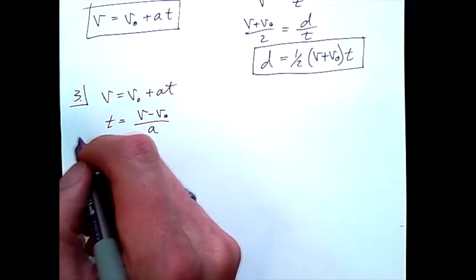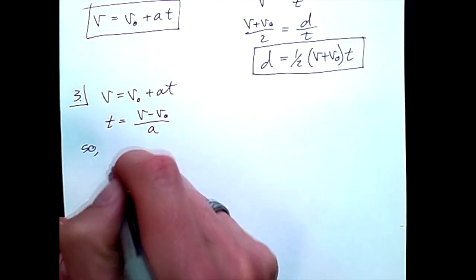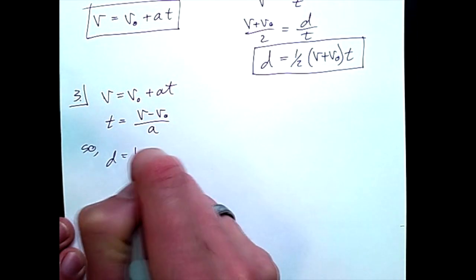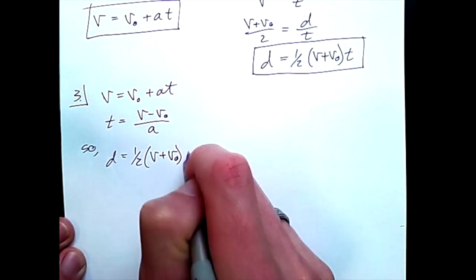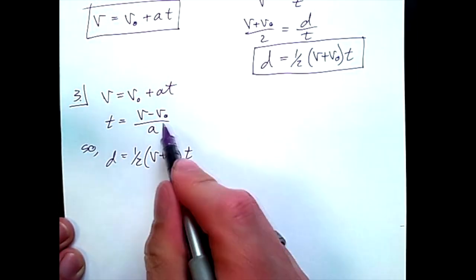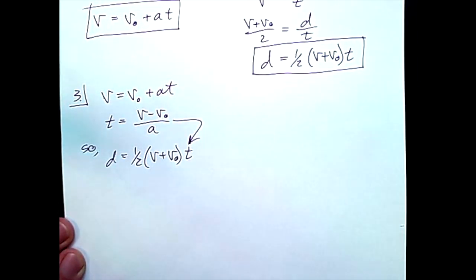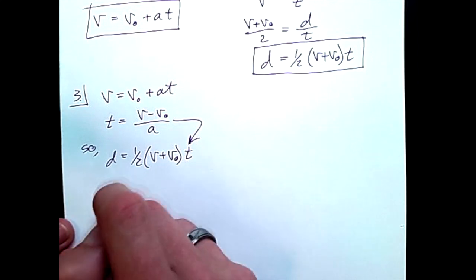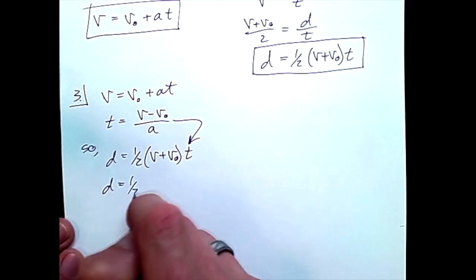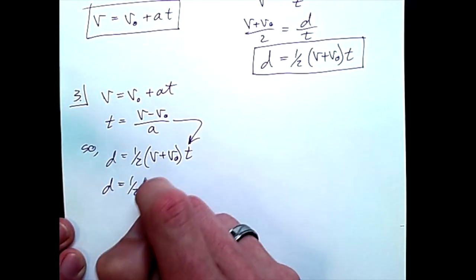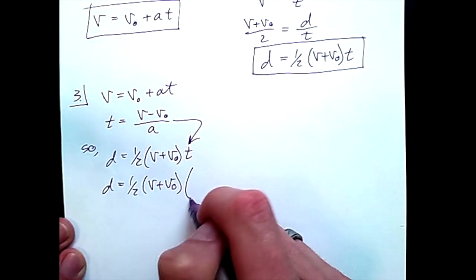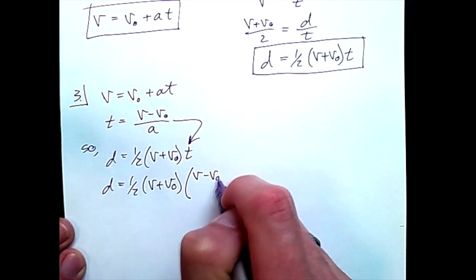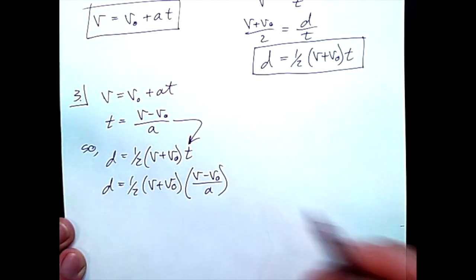Furthermore, if I then take my d equal to 1/2 (v plus v naught) times t, and substitute this in for t, I'm going to get a much longer equation that can be simplified. I have 1/2 times the quantity v plus v naught times the quantity v minus v naught over a.